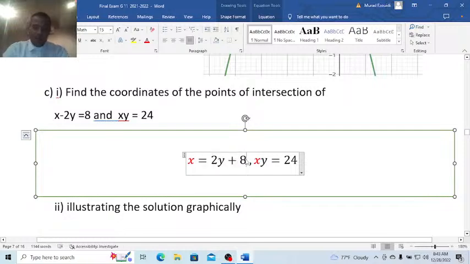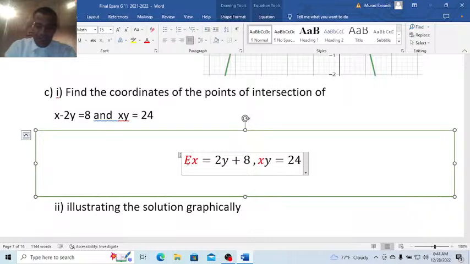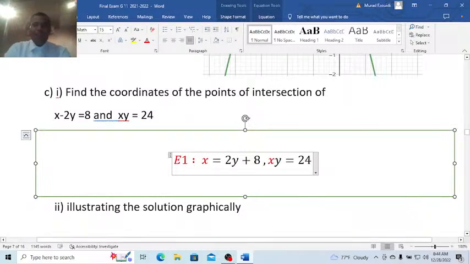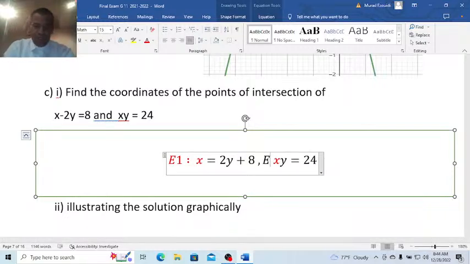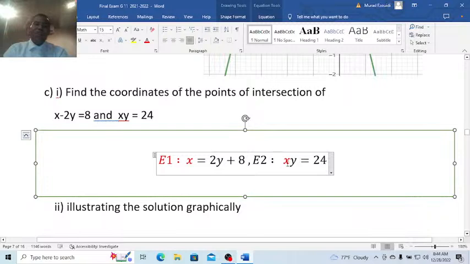I will label the first one, learners, equation 1, E1, and the next one is equation 2.